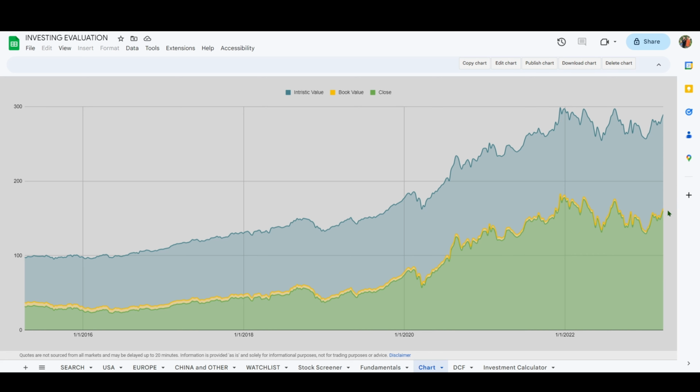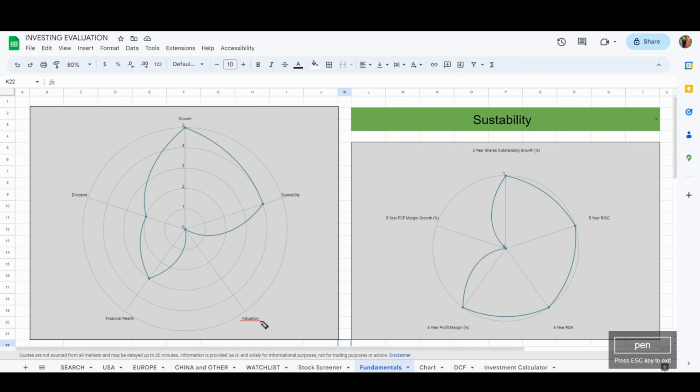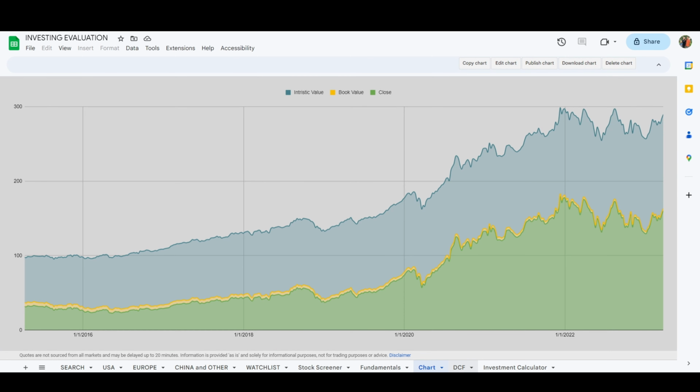So you can see that Apple is really overvalued, considering the book value that is really low, and also the intrinsic value that is also not that high, really. So as you can see, the theory about valuation has been proven right in the chart here.